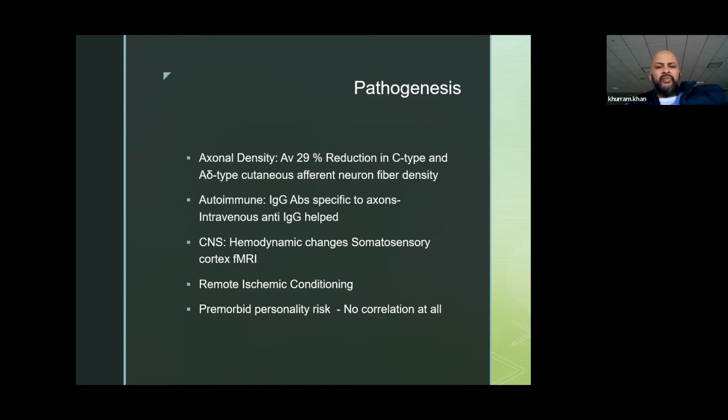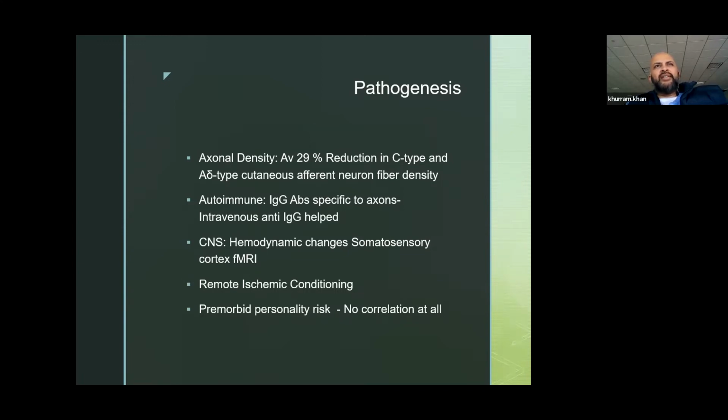Out of these, rather than going into each and every listed point, I just want to make sure that we see the one which is listed at the very bottom, that there is no pre-morbid personality risk. When we see these CRPS patients in the clinic, sometimes openly and sometimes in a hidden manner, all of us think that this patient is a CRPS patient from the personality point of view.